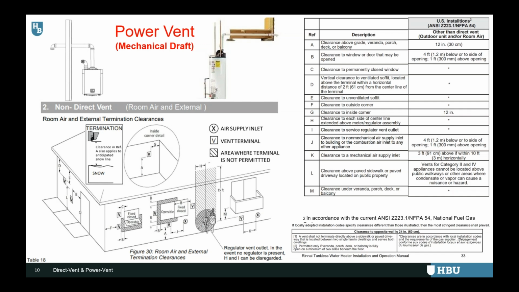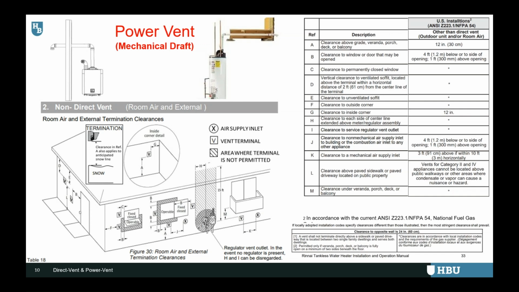Looking at clearance to an inside corner, reference G, you need at least 12 inches here. This helps ensure proper airflow around the terminal and prevents exhaust from getting trapped and potentially re-entering the building.